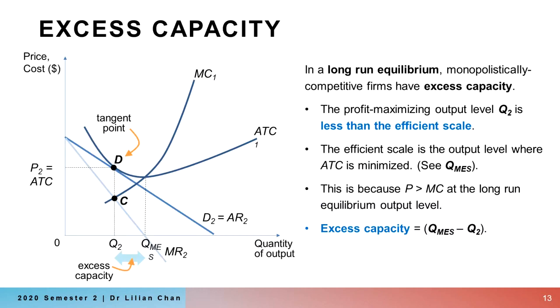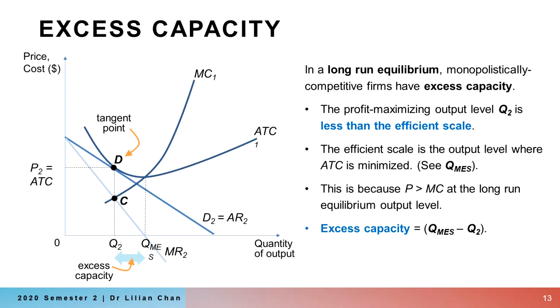Right. One thing to note about a monopolistically competitive firm is that there is excess capacity. Excess capacity means that the firm's output level is not at the efficient scale. I hope you remember efficient scale. Efficient scale is the name of the output level where average total cost is minimized.